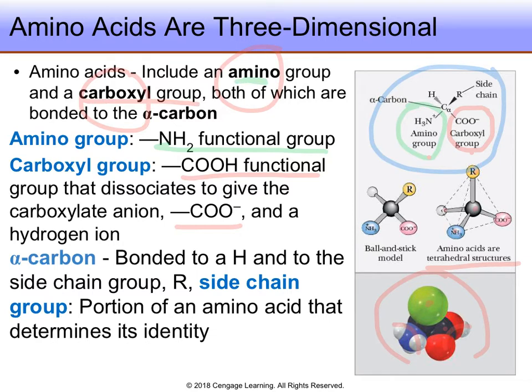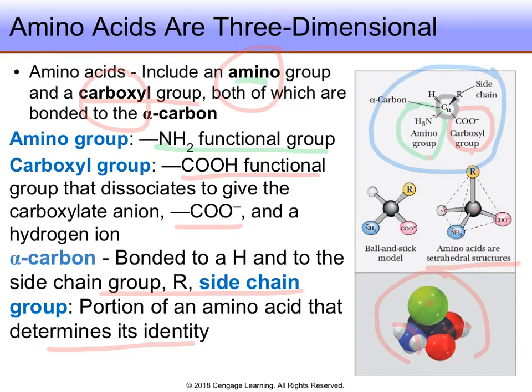The R functional group is really unique because this is what confers the specific identity of the different amino acids from one another. I'll talk more about the various amino acids and their characters a little bit later. The other thing I wanted to point out is that when you're looking at the amino acid, you also have to consider that central alpha carbon at the very middle of the structure.